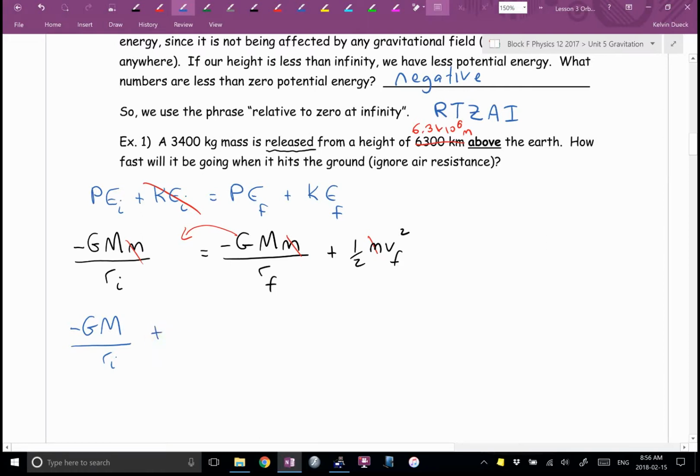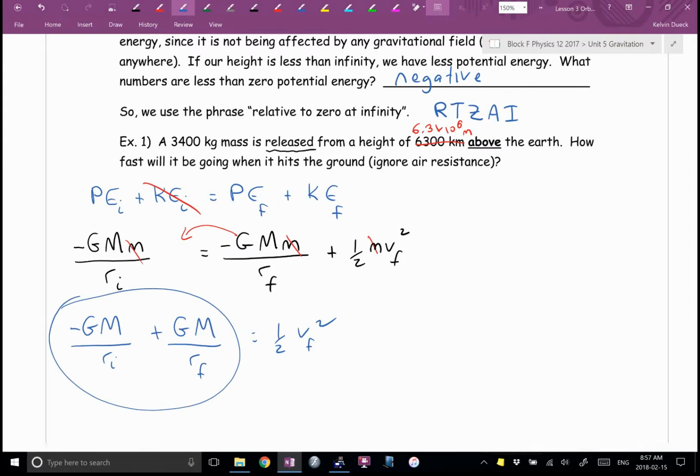I just treat it as minuses and pluses: big G, big M over R final. And R final is going to be the radius of the Earth, 6.38 times 10 to the 6th, because that's where we're stopping. That equals a half v final squared. I'm going to crunch that as a number, then multiply by 2 and take the square root. You can try to get the v by itself, but it's not worth it right now.